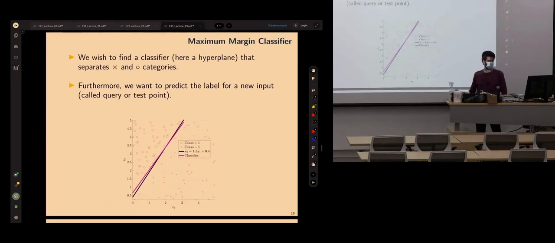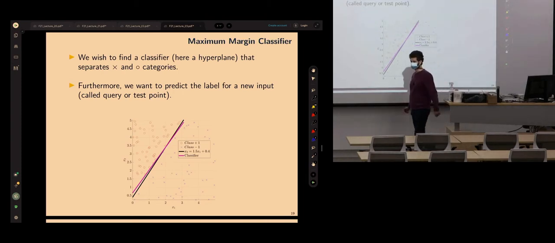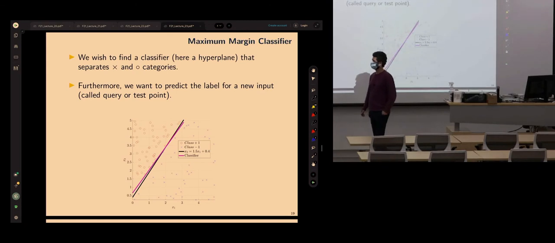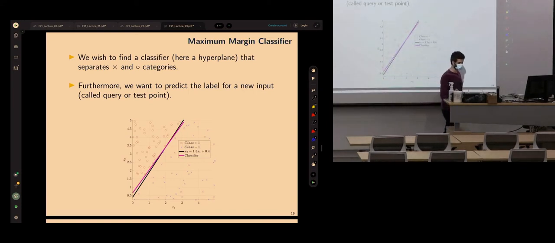So our problem is that we want to find a classifier, and the classifier in this case is this line, or generally hyperplane, because whatever we talk about, it works for n dimensions. We start with 2D so we can understand and visualize it.